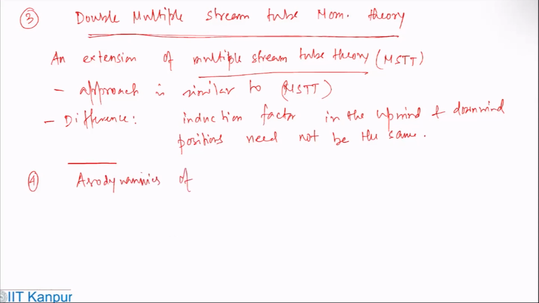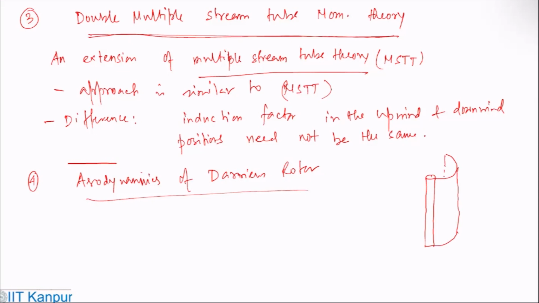Quickly, we look at the aerodynamics of the Darrieus rotor. Typically, if you try to sketch the Darrieus rotor, one blade goes like that, then that comes here and goes like that, and the other one is like that.